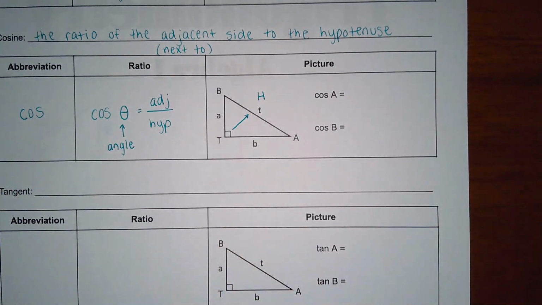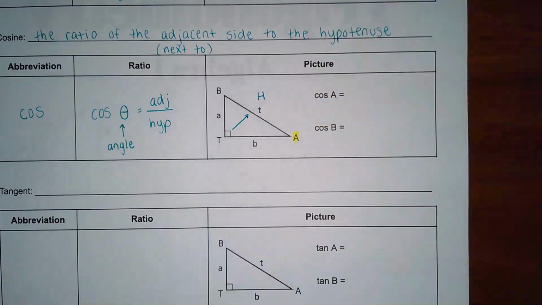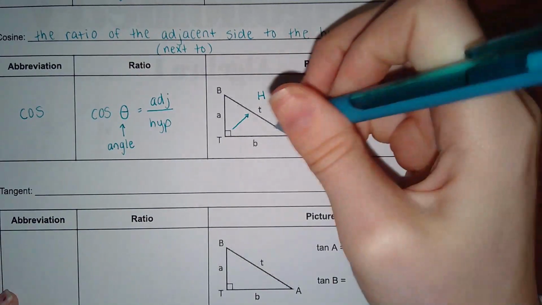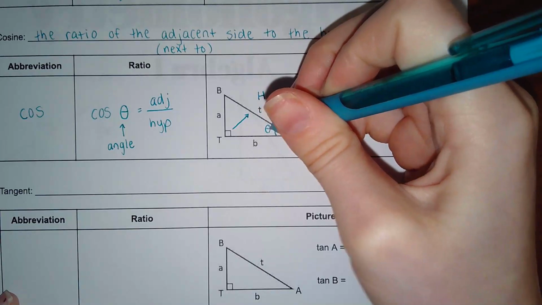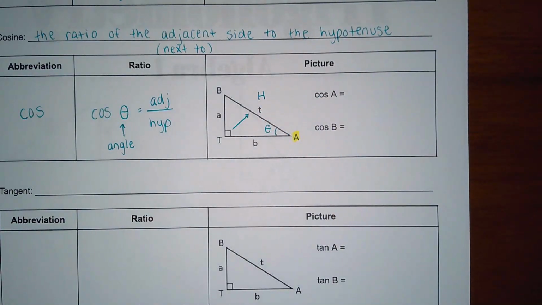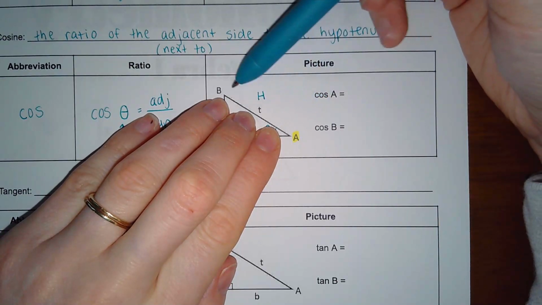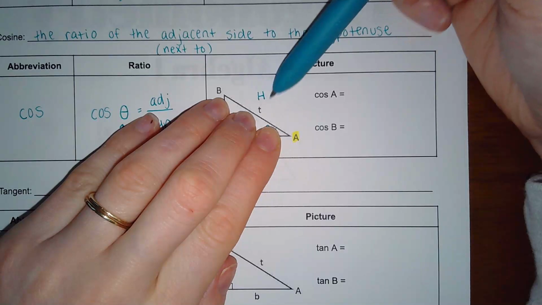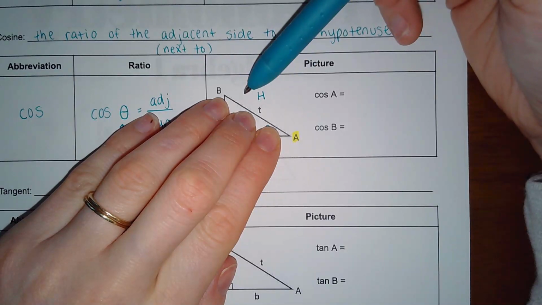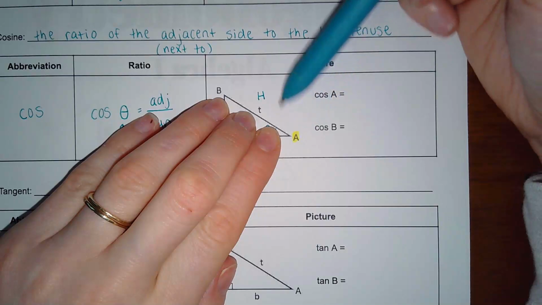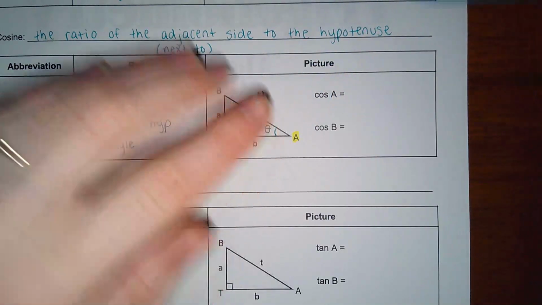We'll start with angle A. And so I'll think of this as theta. This is my angle that I'm looking at. We want the adjacent side, or the side next to. Now, technically A has two sides next to it, this side here, but we've already called this side the hypotenuse. So this is not going to be my adjacent side because it's already the hypotenuse.